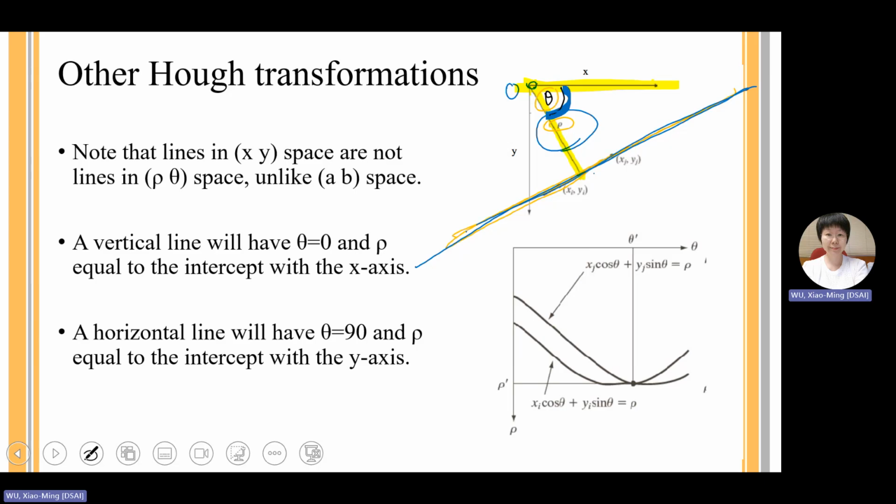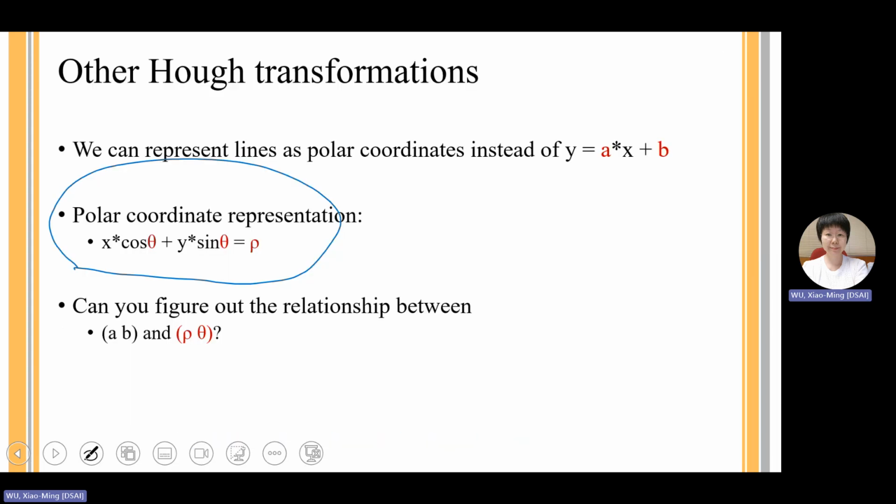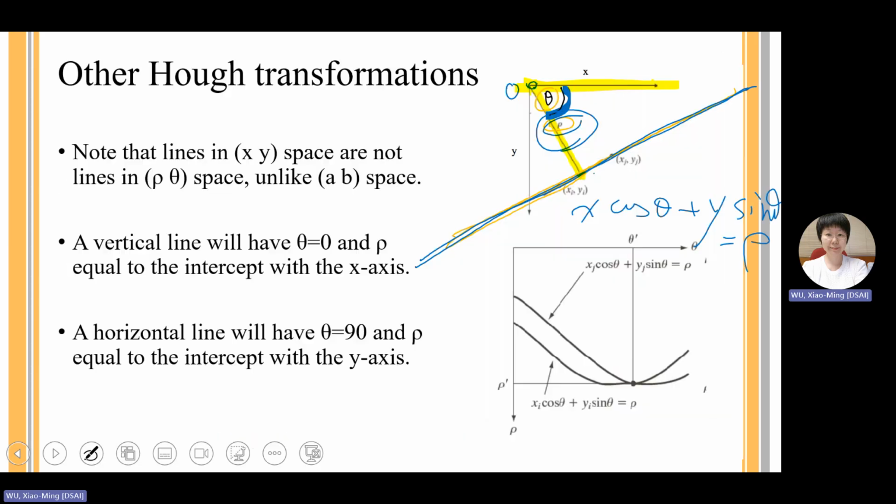Why can this line be represented by x cosine theta plus y sine theta equals rho? You can figure out why this straight line can be represented in this way.